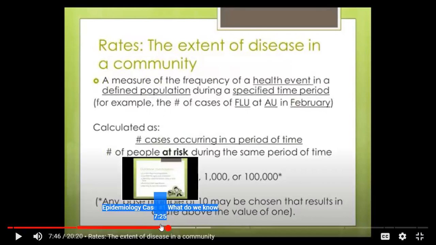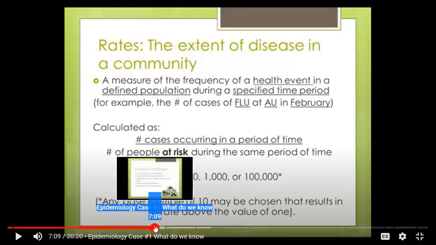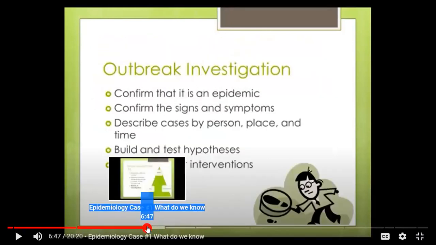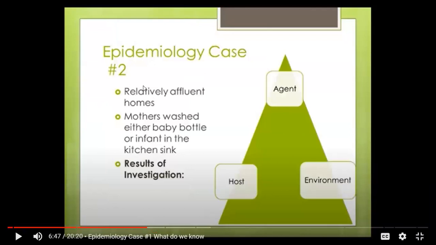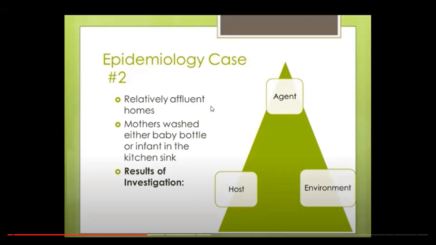Okay, so first of all, if we go back a little here, what were the relatively affluent homes? Mothers washed their baby bottles and infants in the kitchen sink, the result of the investigation. So when the same cases are reported to the hospital, they need to survey more.